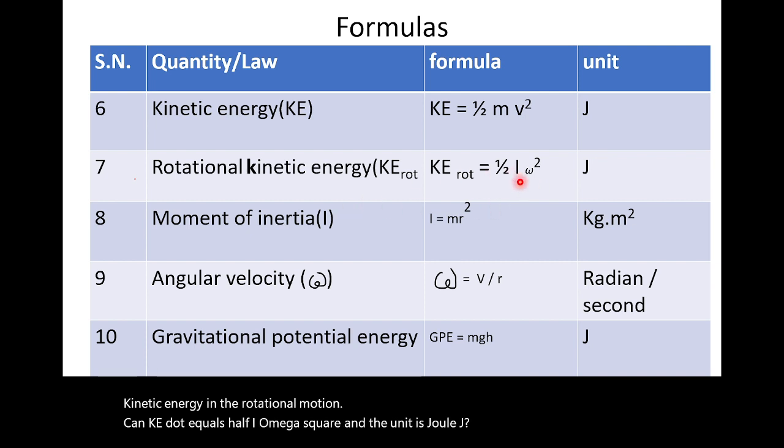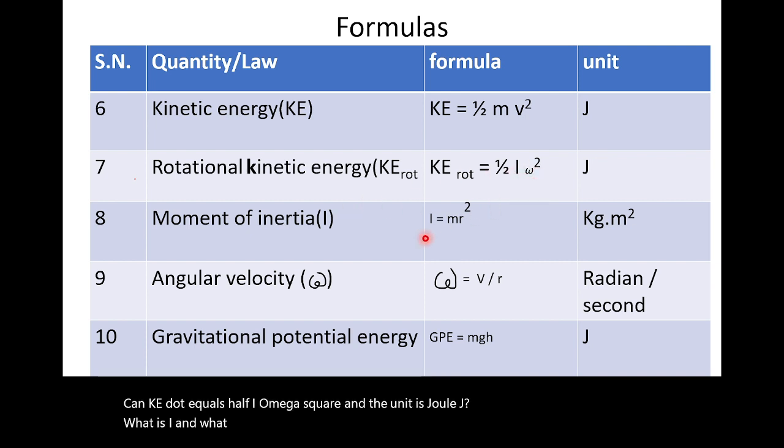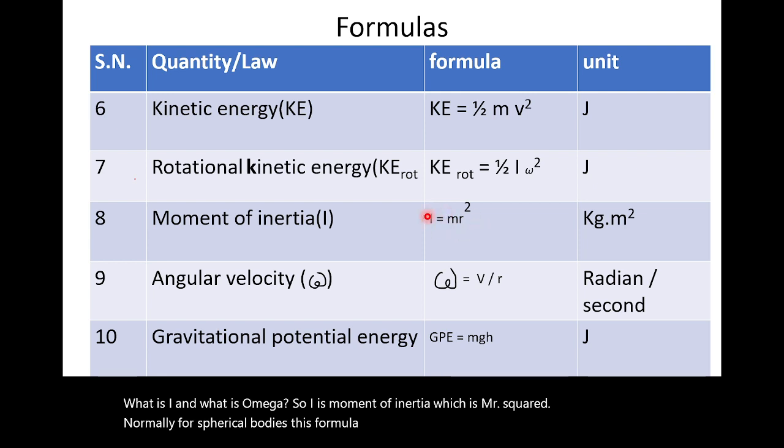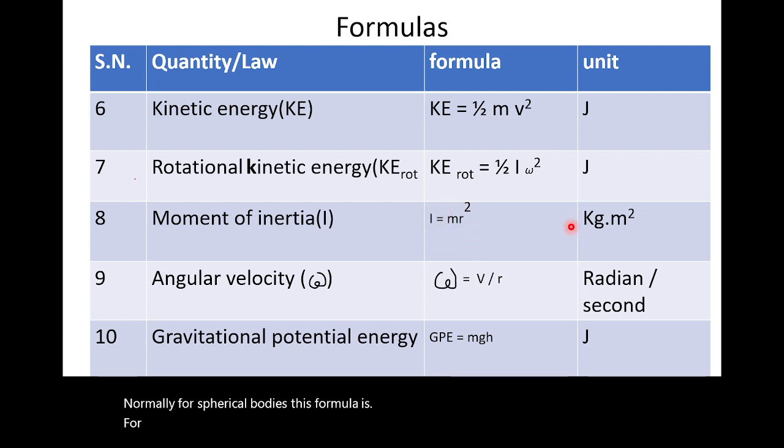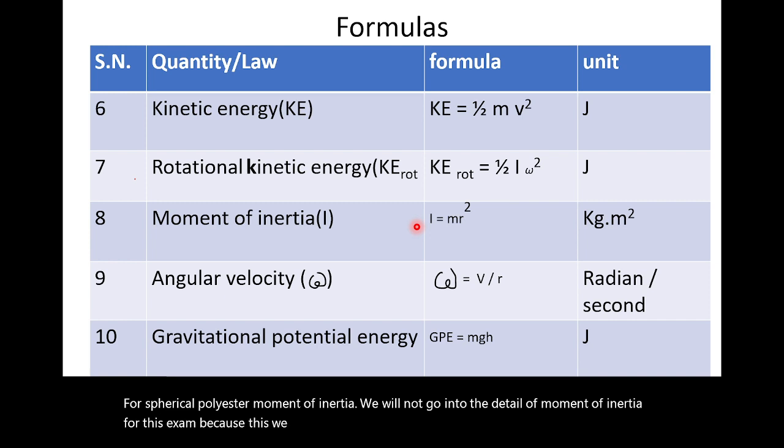What is I and what is omega? So I is moment of inertia, which is mr squared. Normally this formula is for spherical bodies, moment of inertia. We will not go into the detail of moment of inertia for this exam because we have discussed this in term 1.